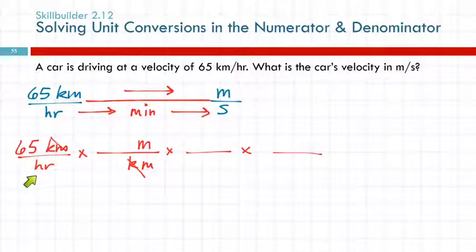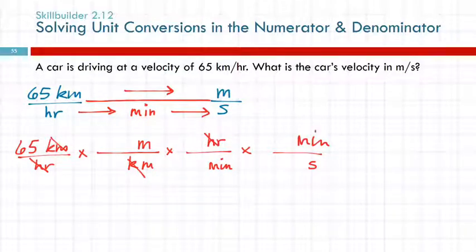Here we've got hours in the bottom. Skip that guy, that's for the top. Hours to minutes to seconds. So minutes here and seconds there. The denominator is upside down. So instead of dividing by hour to get rid of it, we multiply. So the hour cancels out. And to get rid of minute down here, we have to put minute up there. And the units left are meters per second.